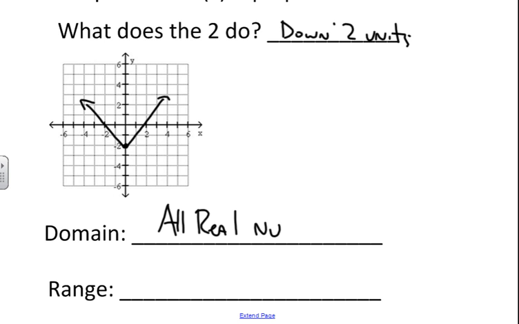You can put any value of x in there and you'll get y's. But the range is y is greater than or equal to -2. You always use the vertex. If it's opening up, it's going to give you greater than. If it's opening down, it's going to be less than.